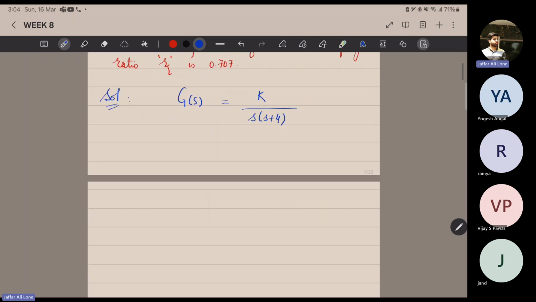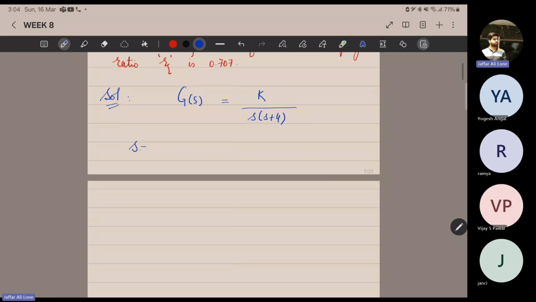So we have two poles here. One is at the origin, s equal to 0, and the other is at minus 4. So the number of branches of the root locus will be 2. Let me draw it.